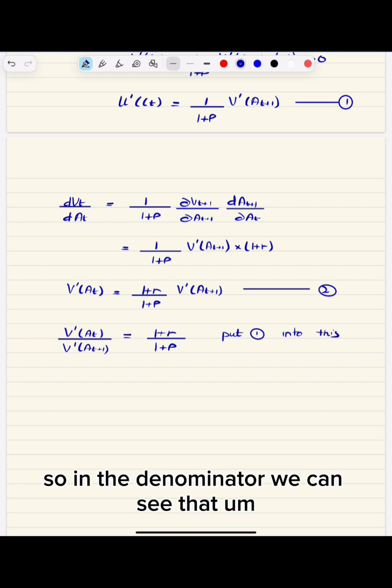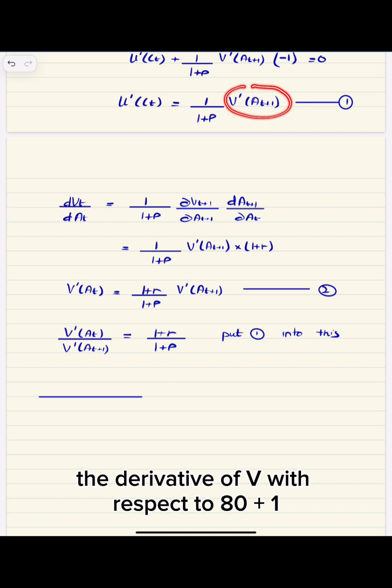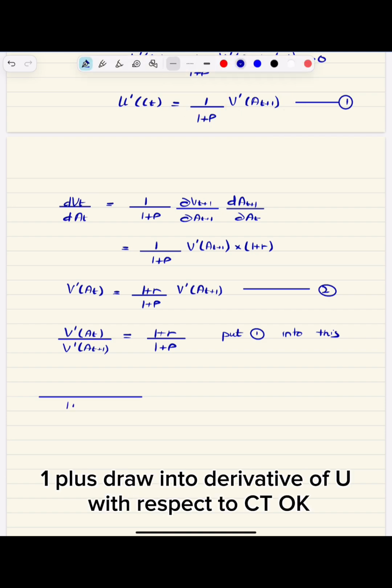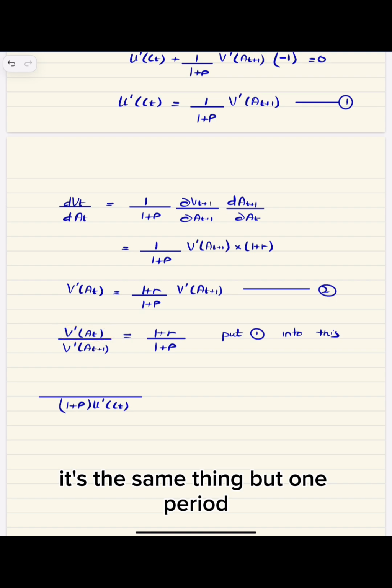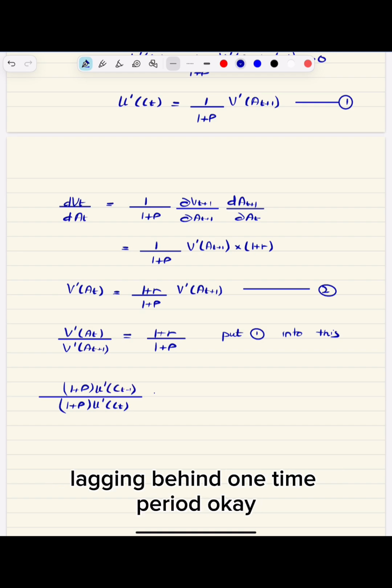So in the denominator, if I make this the subject, the derivative of v with respect to a_{t+1}, I'm going to get (1 plus rho) times the derivative of u with respect to c_t. Okay, and what about the derivative of v with respect to a_t? It's the same thing, but lagged behind one period. So I have (1 plus rho) times the derivative of u lagged behind one time period.